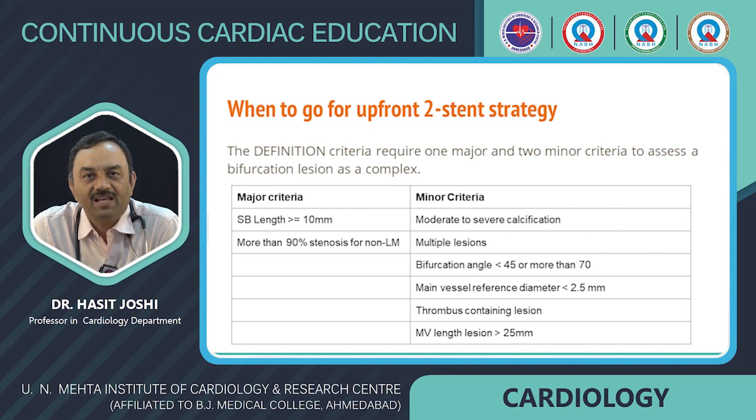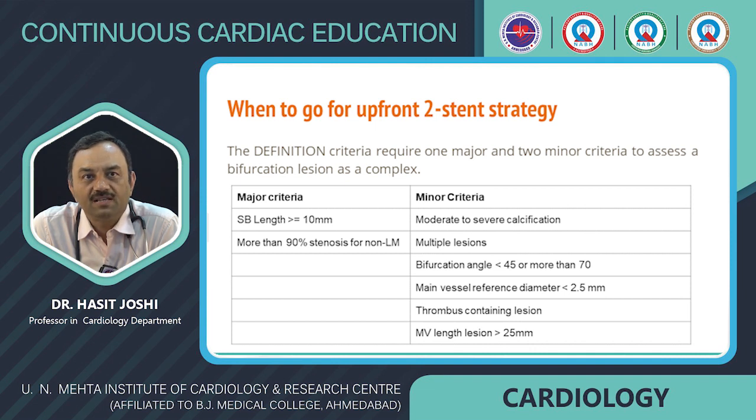The minor criteria are moderate to severe calcification, multiple lesions, bifurcation angle less than 45 or more than 70, main reference vessel diameter less than 2.5, the main vessel being small, thrombus containing lesion, and main vessel lesion length more than 25 millimeter. However, in the sub-analysis the major criteria are more important.